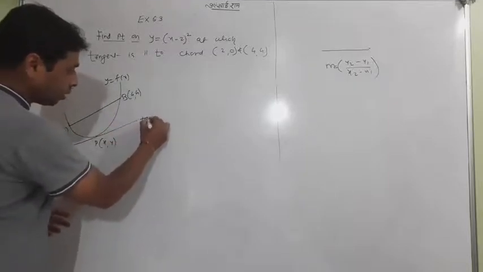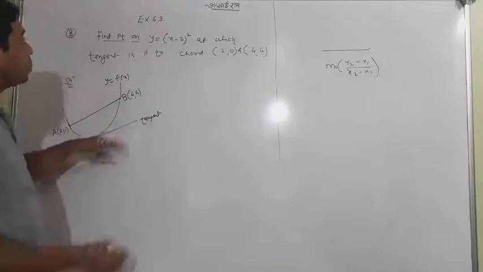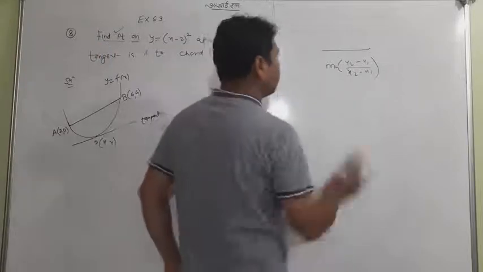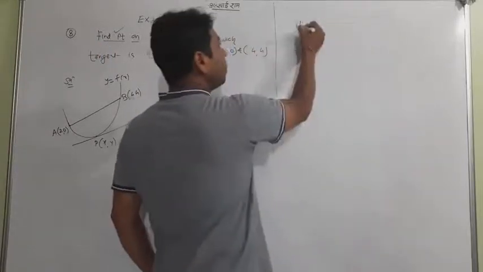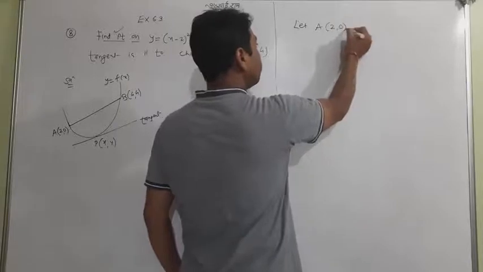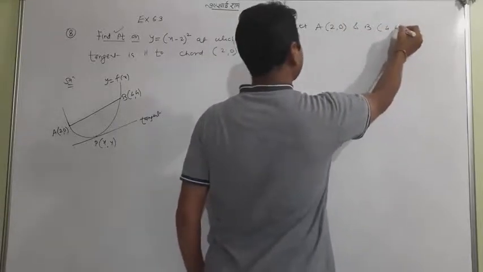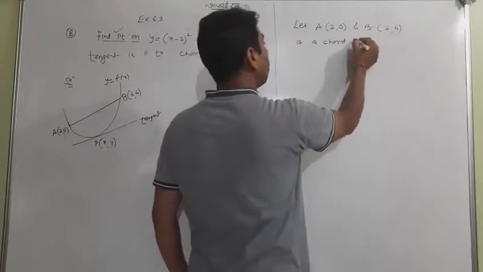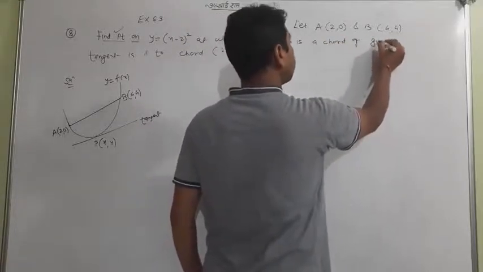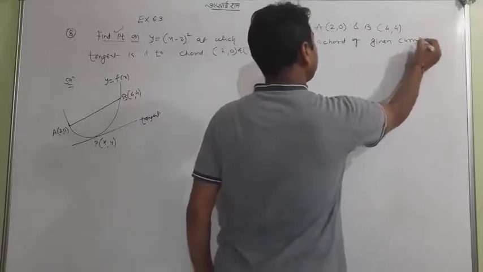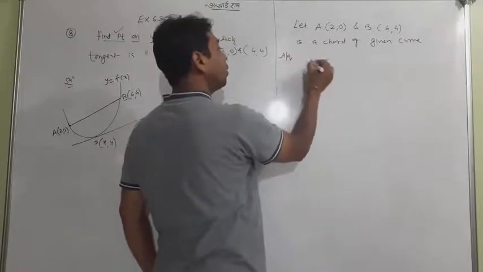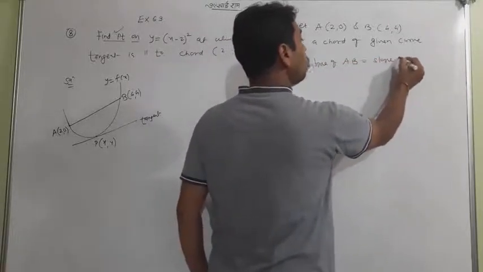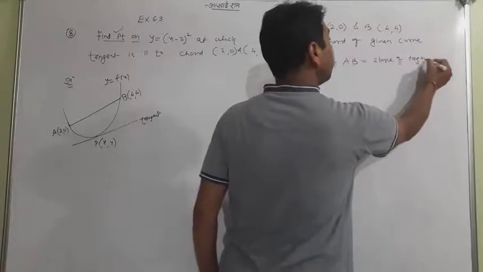This is my tangent. And after finding the slope, we want to find the point. We will get it, very easy. First, I'll go through the points. Let A (2, 0) and B (4, 4) be a chord of the given curve. As per the question, the slope of chord AB and the slope of the tangent are the same.